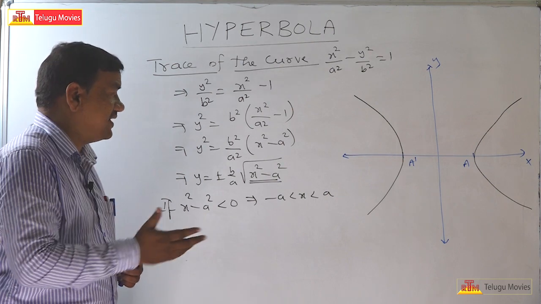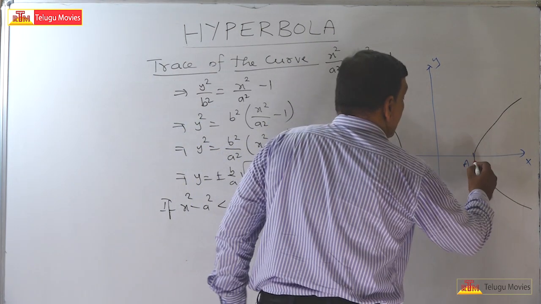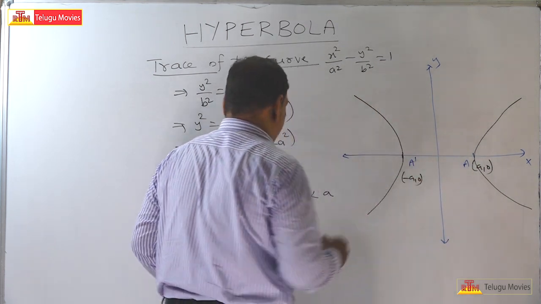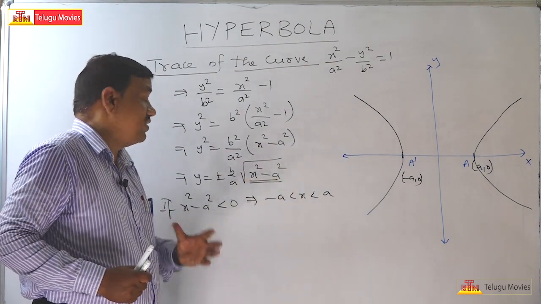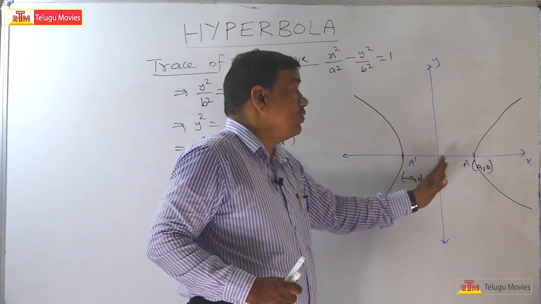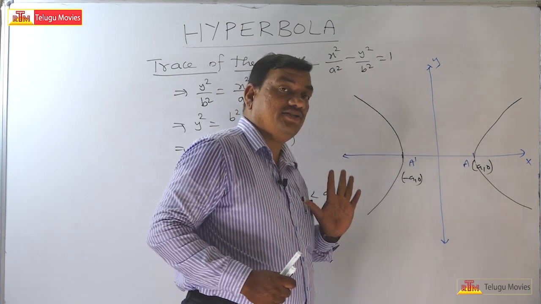That means here we already know the coordinates of this are a comma 0, and this is minus a comma 0. That means whenever the x square minus a square value is negative, the curve lies between plus a and minus a, so this a and a dash.